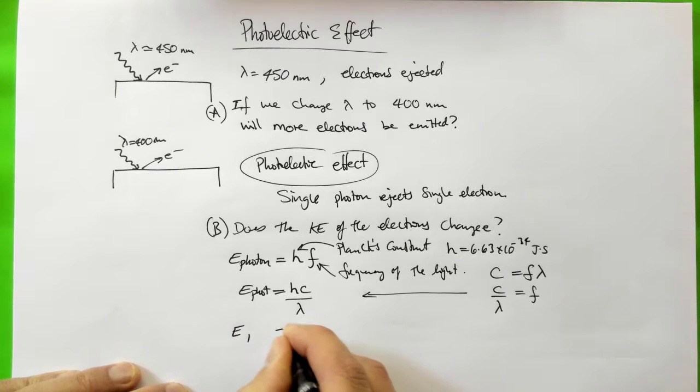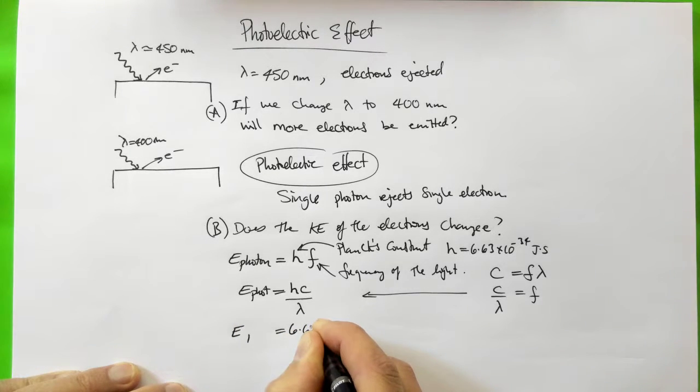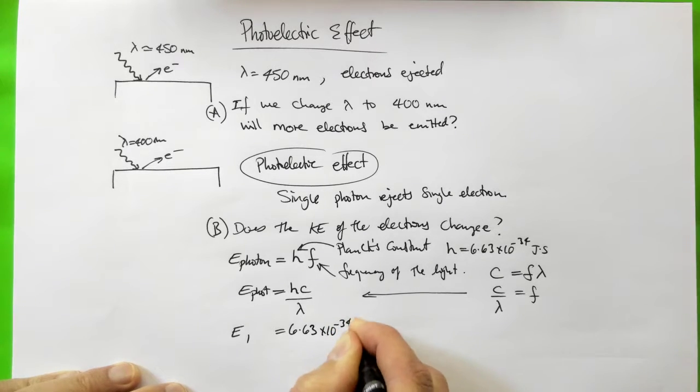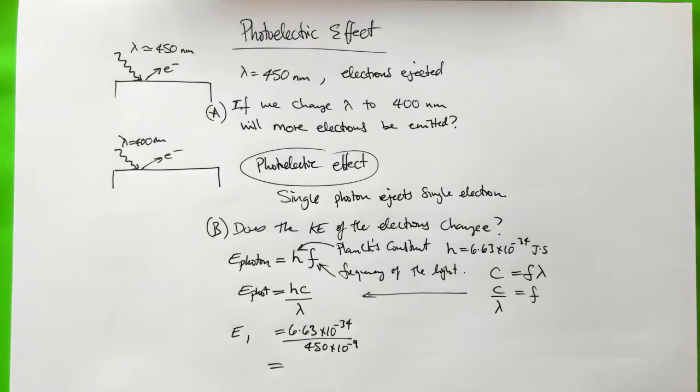Let's call it E1, then it is 6.63 times 10 to the minus 34, divided by 450 times 10 to the minus 9, and that gives us our energy, which is 4.446 times 10 to the minus 19 joules. Now, we also in physics are often accustomed to writing the energy in terms of electron volts, so let's write it in electron volts also.